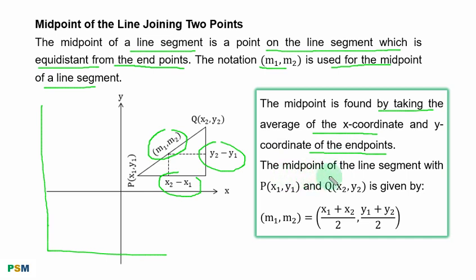The midpoint of the line segment with points P and Q is given by M1, M2 is equal to, bracket open, average of the X coordinate, average of the Y coordinate.